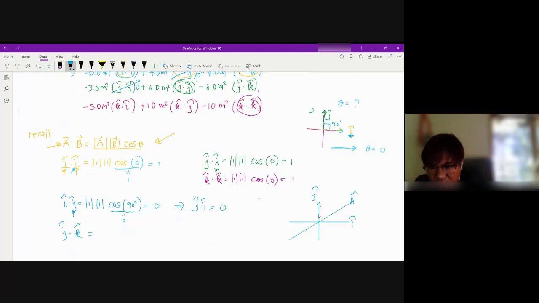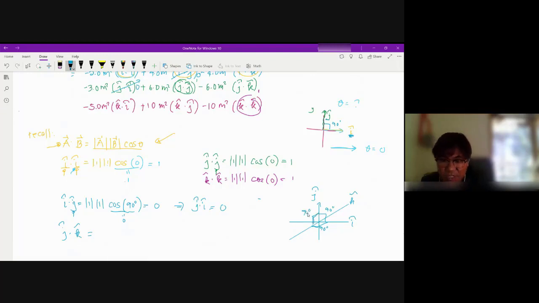So the angle between the two, kining I hat o j hat kay 90 degrees, and then ang kini po dayong k hat and I hat is also 90 degrees, and then sa pa remaining j hat and k hat is also 90 degrees.